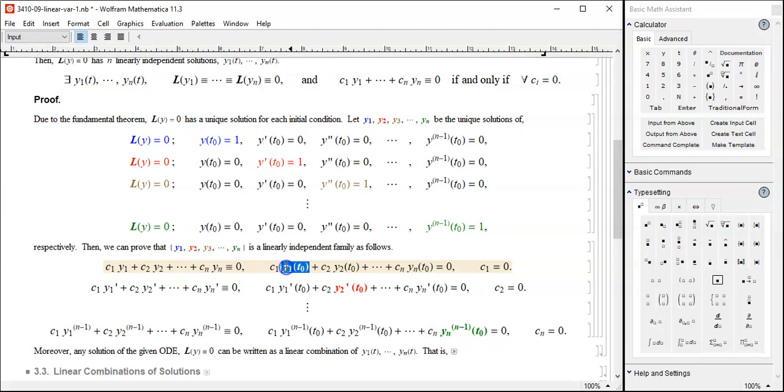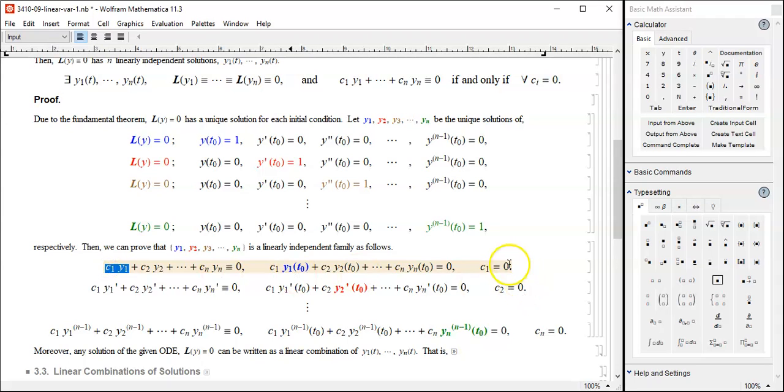Only this one is non-zero, and that's 1. So this is 1 and all the others 0. Conclusion, c1 has to be equal to 0. So this part just drops out, and c1 times 1 is equal to 0. So c1 is equal to 0.